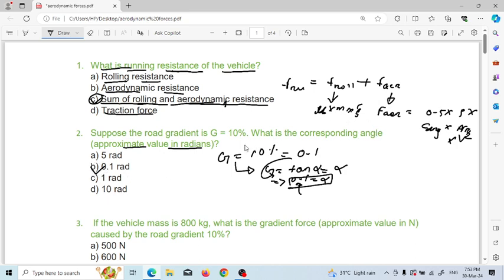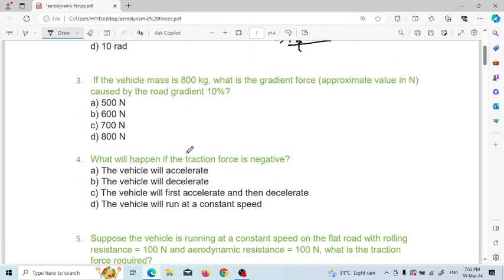Next question. Question number 3. If the vehicle mass is 800 kg, what is the approximate gradient force in Newton caused by a road gradient of 10%?